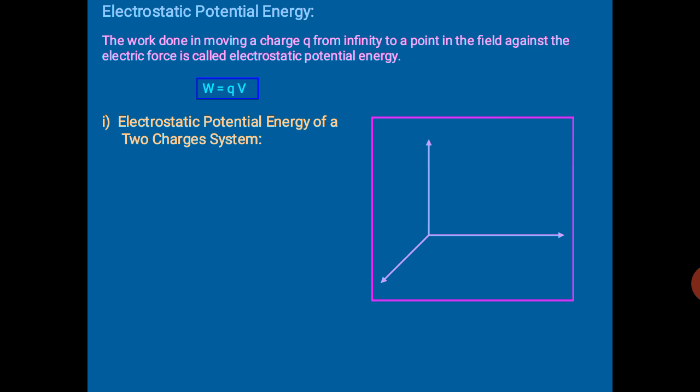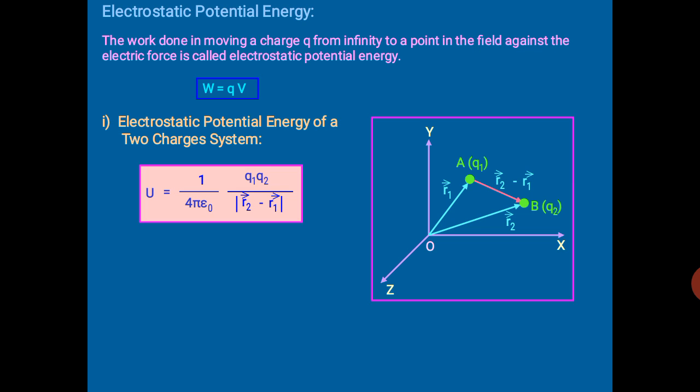See, you take two charges Q1 and Q2. Let the position of Q1 be R1, position of Q2 be R2. Then the distance between Q1 and Q2 is R2 minus R1. Okay.